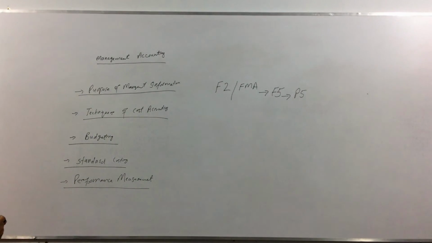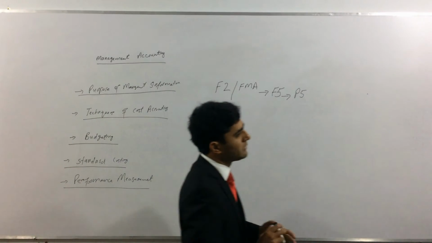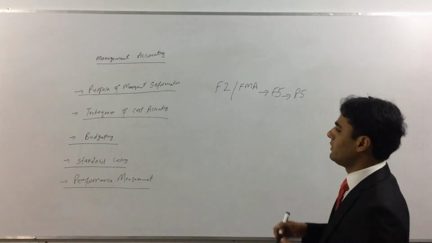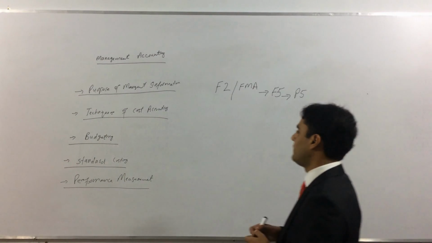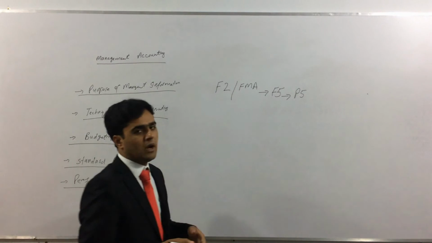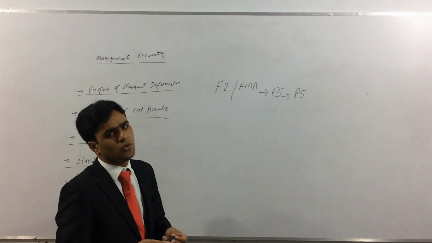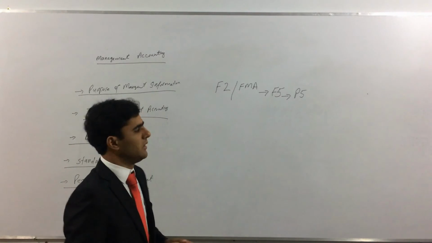So these are the topics. As I said, these are 5 major topics. There will also be small minor topics as well. We will see when we move to that specific chapter. For now, this is the FMA and F2 exam. As far as the exam itself is concerned, most of you, I think, know that this is a CBE exam. You could choose PBE, but most of the students choose CBE.